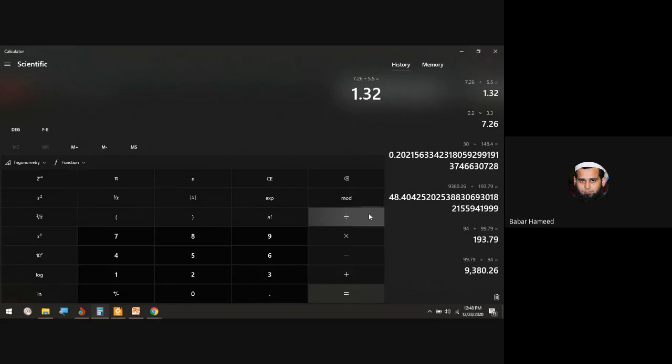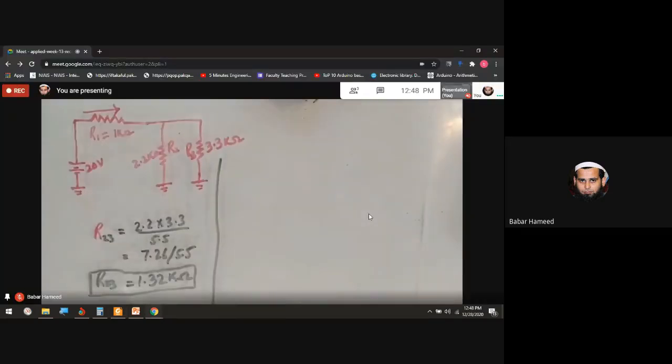Here, what can I do? Look at the figure. Now I have calculated the parallel combination of these two.